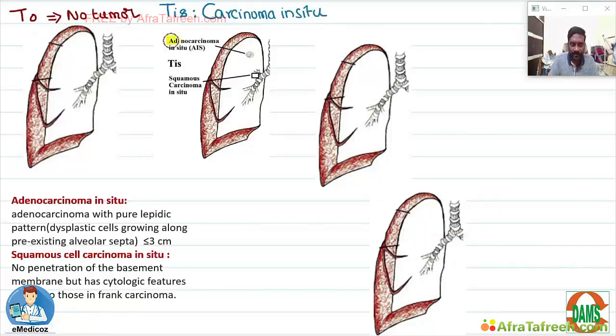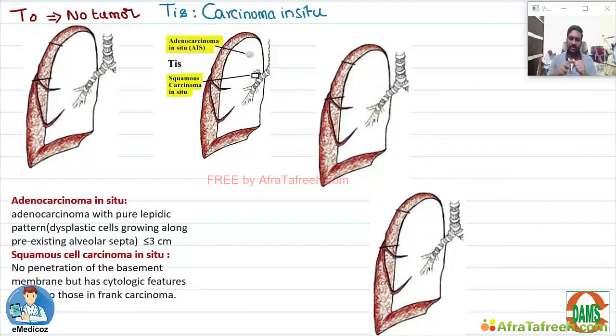We can have either adenocarcinoma in situ or squamous cell carcinoma in situ. Whatever tumor staging we are discussing now is for non-small cell carcinoma, especially adenocarcinoma and squamous cell carcinoma, because these two varieties are very common and can be asked in your exam.